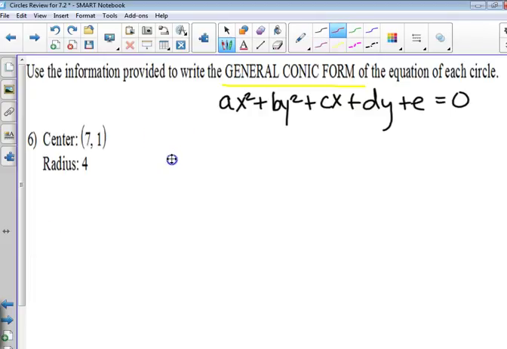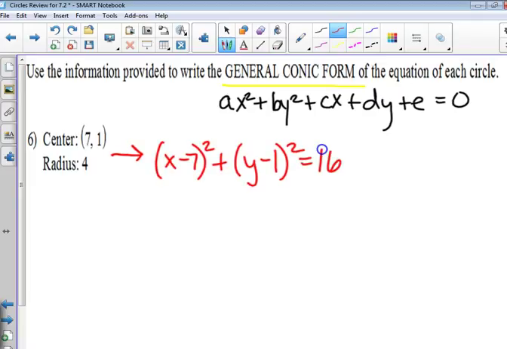All right. So can you start with standard form for me? Who can do this one quick? Jared, just tell me what this would look like. X. Okay. Standard form. Now we have to get it into this crazy conic form. I promise we're not going to do this very often. I just want to talk about how this happens.